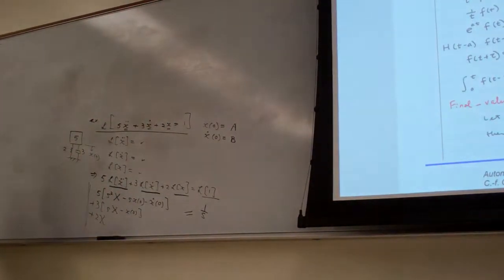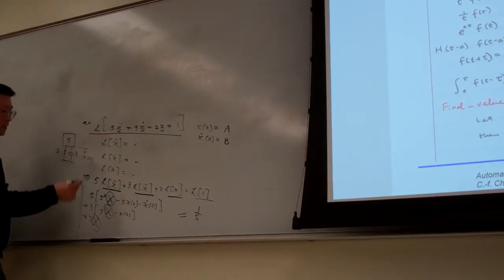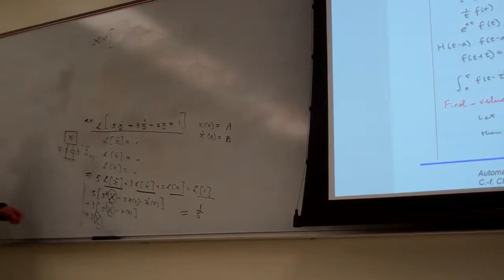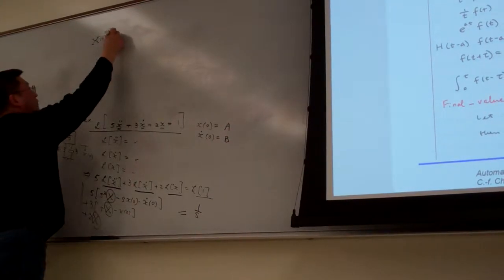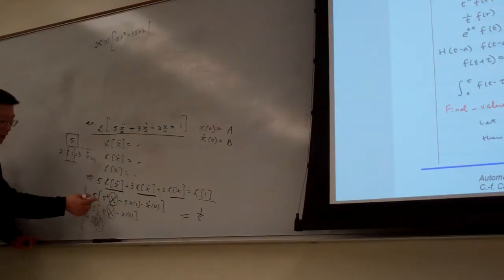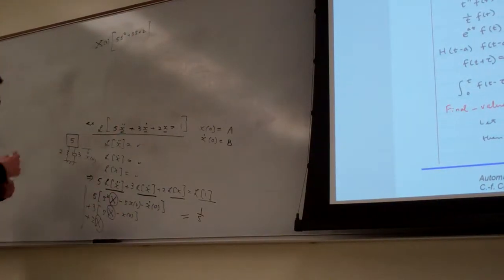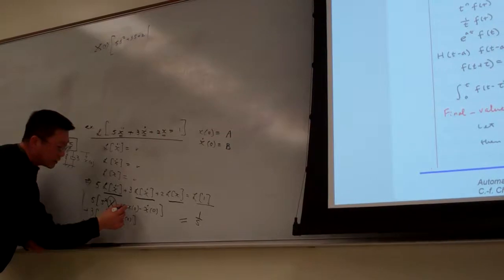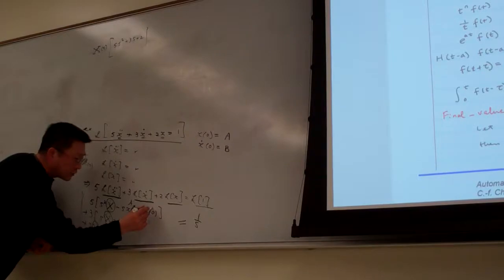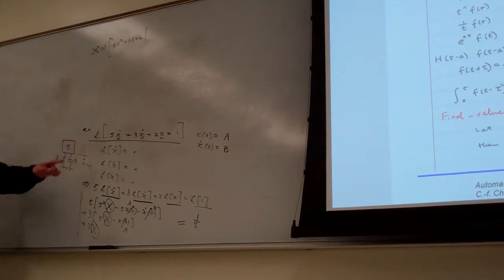Right now let me arrange. Here you can see we have these terms with capital X, which is a function of s, and we can put there 5 s squared plus 3 s plus 2. Okay, so I make these terms 1, 2, 3, leaving the remaining. And here let me plug in x of 0 is A and x dot of 0 is B. Let me replace the given information.